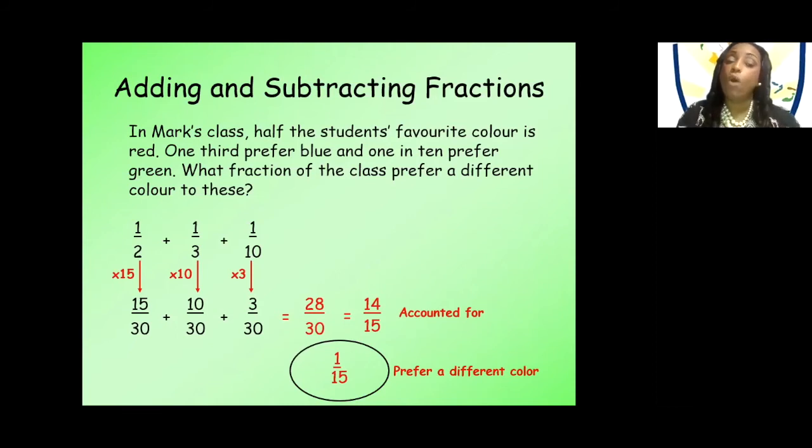So 1 over 15, if I add it to 14 over 15, I would get my 15 over 15, which would account for the whole class. Okay, so 1 over 15 prefer a different color, whilst 14 over 15 prefer red. Now, I hope I haven't lost anyone up to this point.